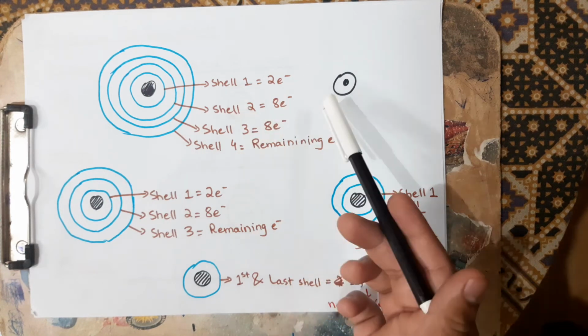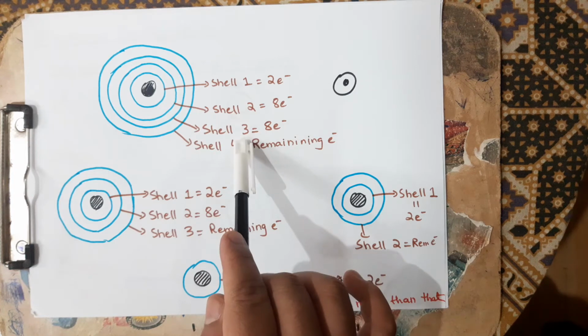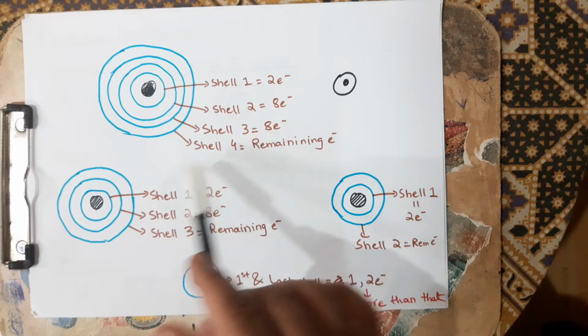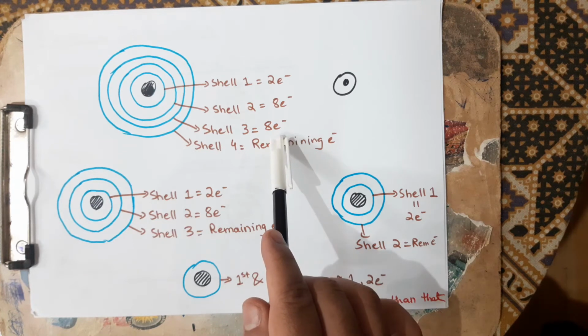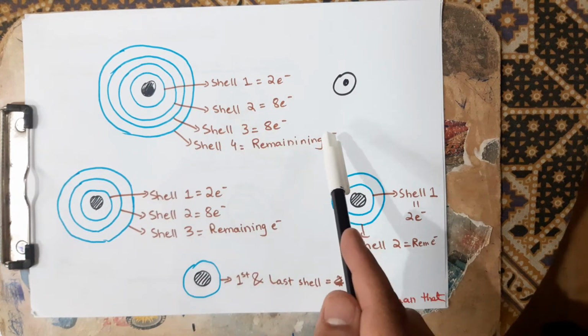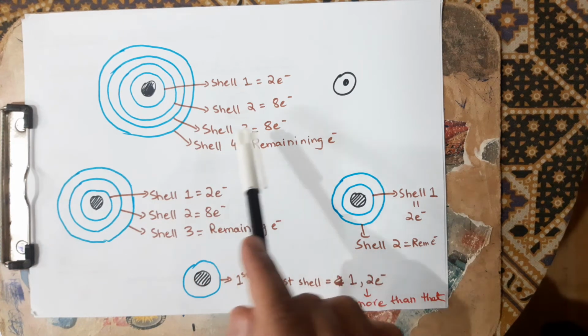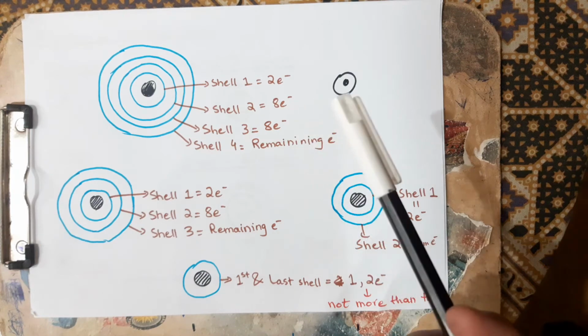If there are more than that, then you have to shift them to the third shell, in which there can also be only 8 electrons, not more than 8. And the same for the fourth shell, where 8 electrons can be present, not more than that.